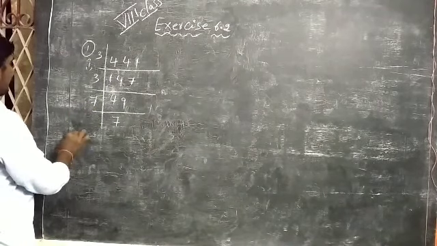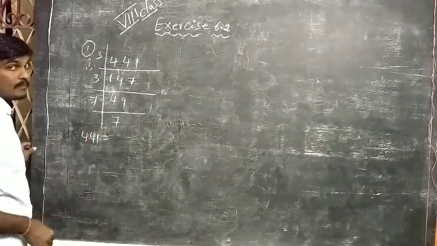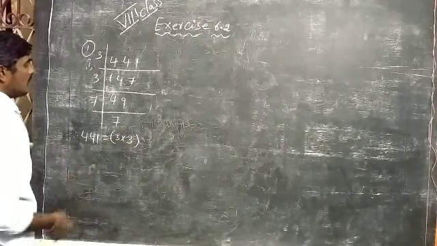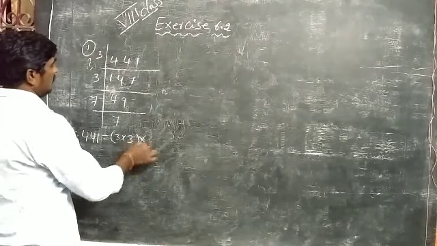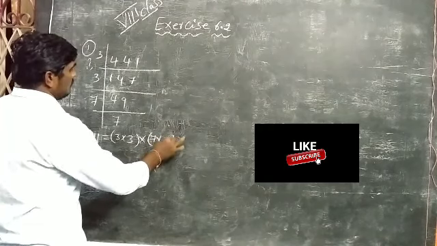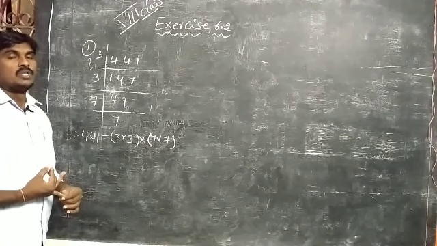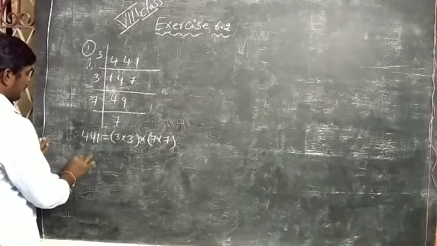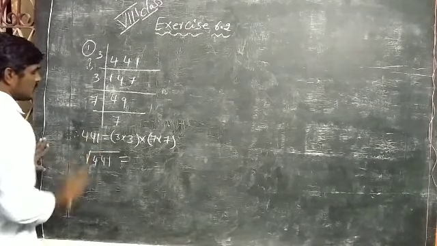So therefore 441 is equal to 3 into 3 into 7 into 7. Both are pairs of equal factors. Now the question is, you know already, the square root of 441 is equal to.